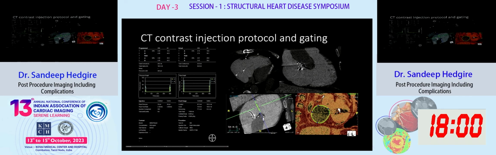So here is an example of a TTVR planning CT that we have done with 20 cc's of contrast. The way we do it is we do a retrospective acquisition, which is a much shorter acquisition, and because we have a restricted amount of contrast that you can give for this particular patient, your strategies are to increase your table pitch, which will decrease your scan time, or use a retrospective gating.